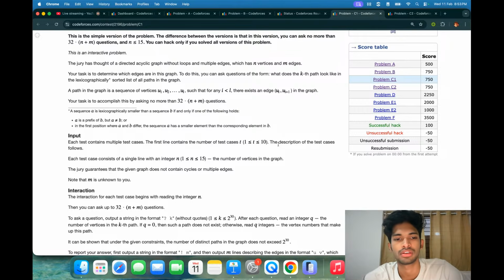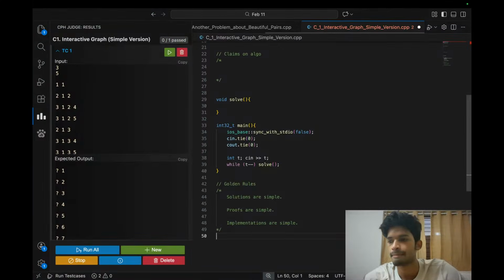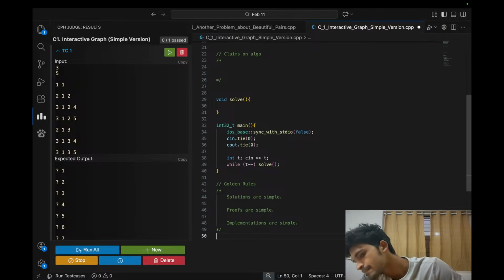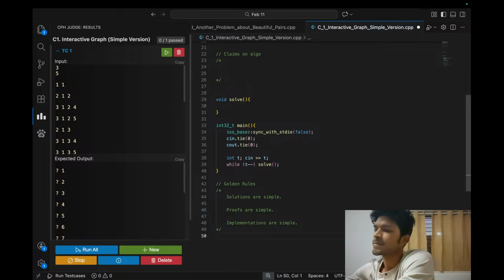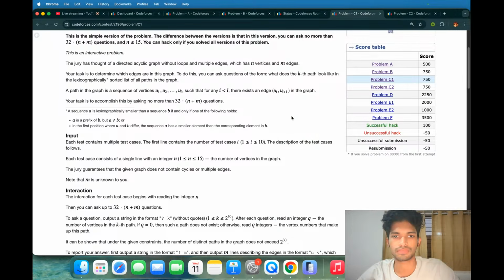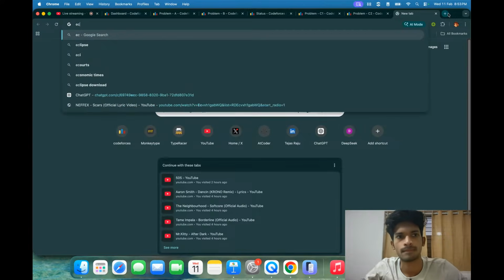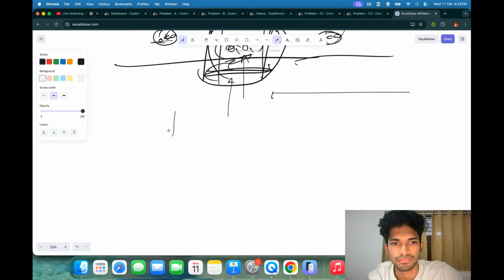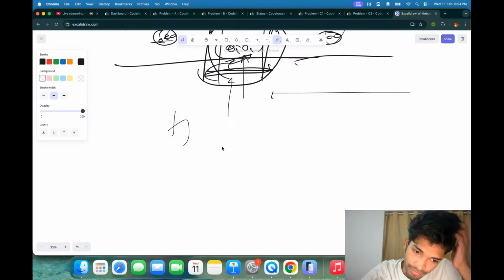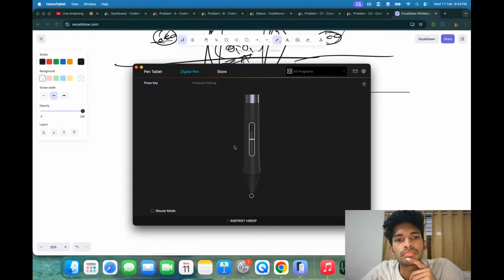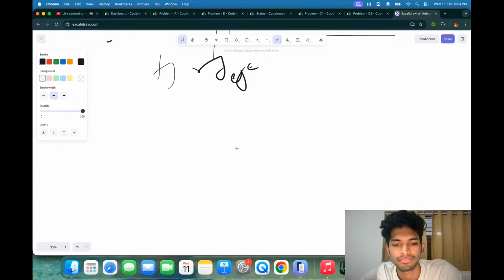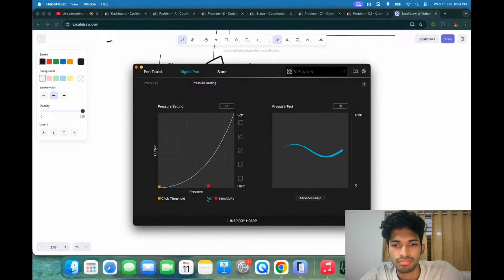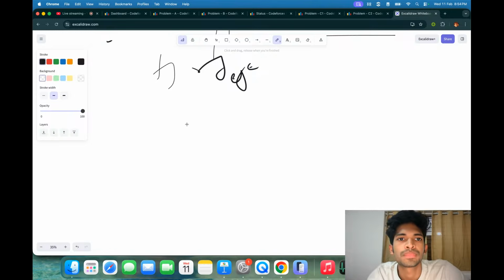Lexicographically increasing paths, right? Lexicographically increasing path.